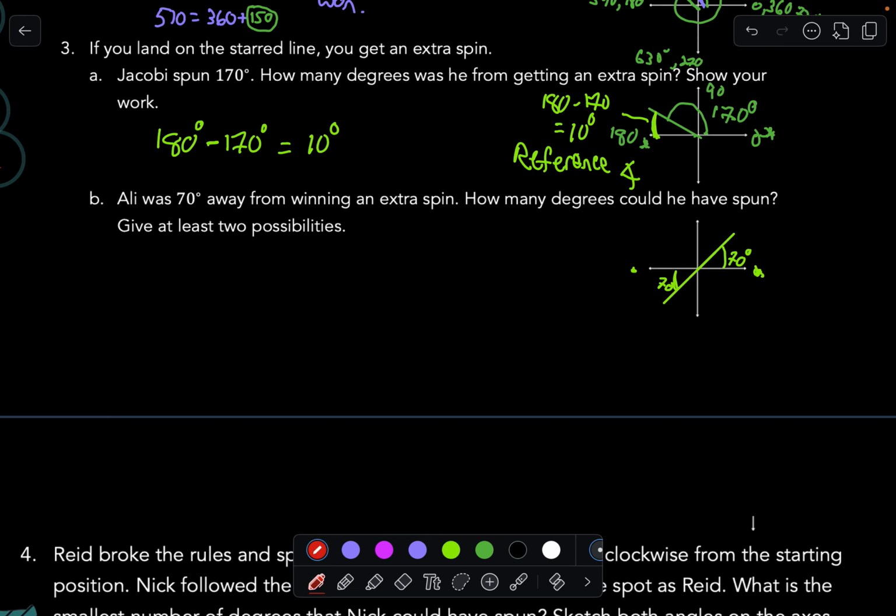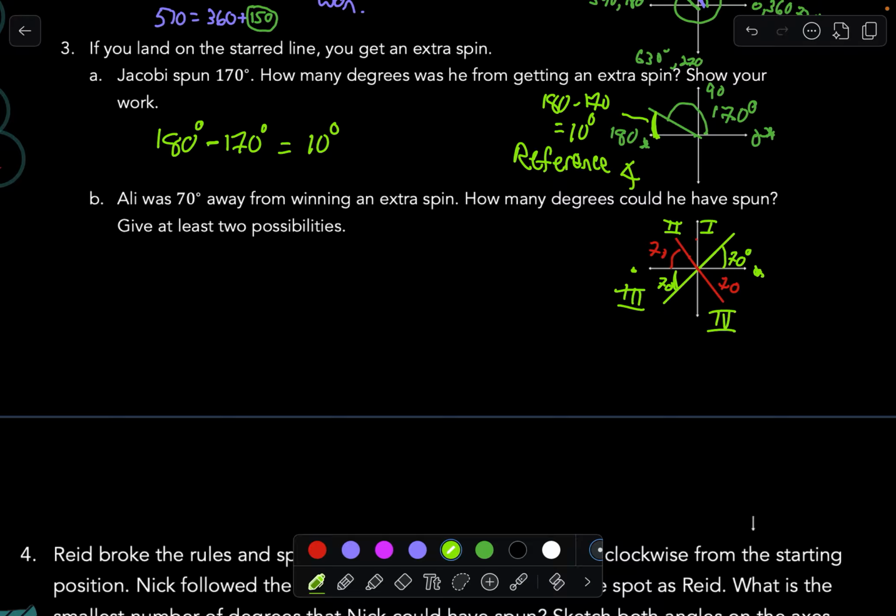And you could have landed here, and you could have landed here. So this is 70, this is 70. So you can land in any of those quadrants. Remember, this is the first quadrant. It's important to know what quadrant you're in. That's first, that's second, that's third, and this is the fourth.